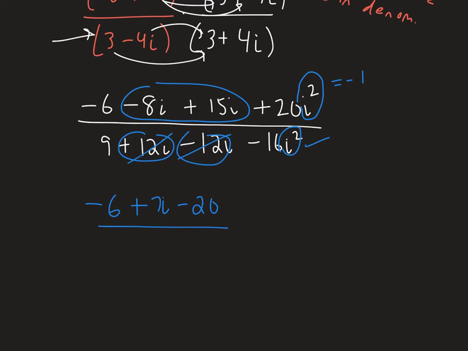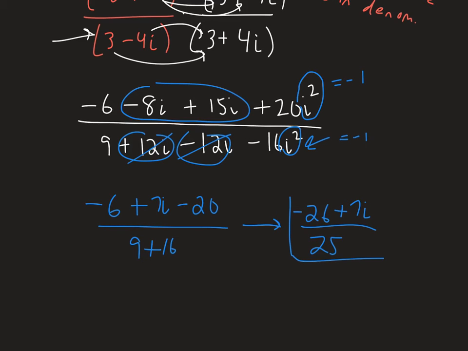And then i squared, of course, equals negative 1. So the denominator is really just 9 minus 16 times negative 1, which is just 9 plus 16. Okay, and notice the denominator now is just a real number. It's not imaginary at all. And the numerator, we can just combine some like terms.